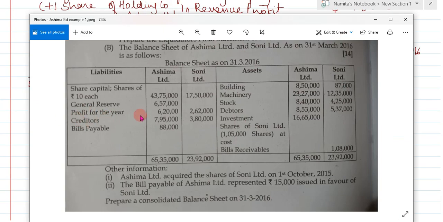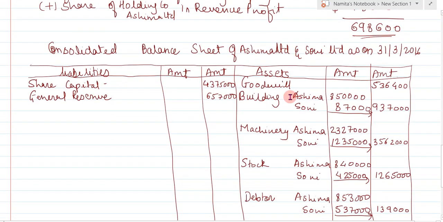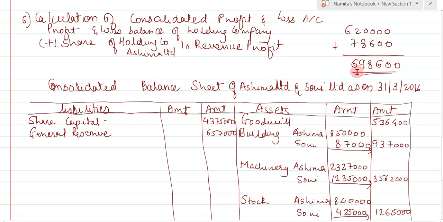Now this profit for the year which is given in the question's balance sheet, you will not take this amount. You will take the amount which we have calculated. Okay, that means calculation of consolidated profit and loss is how much? Profit and loss is 6,98,600.